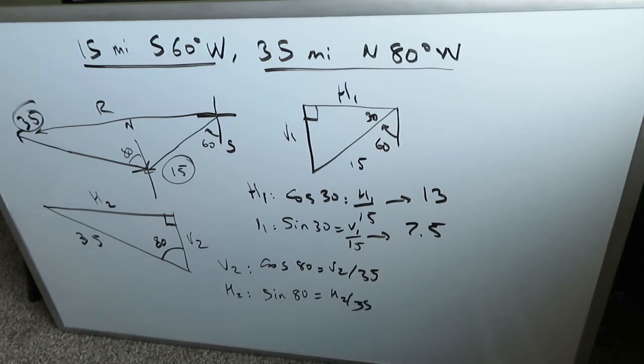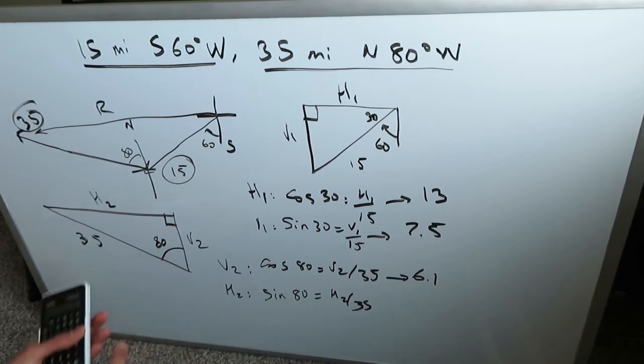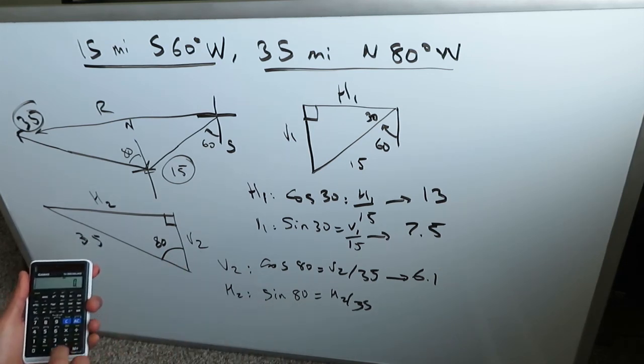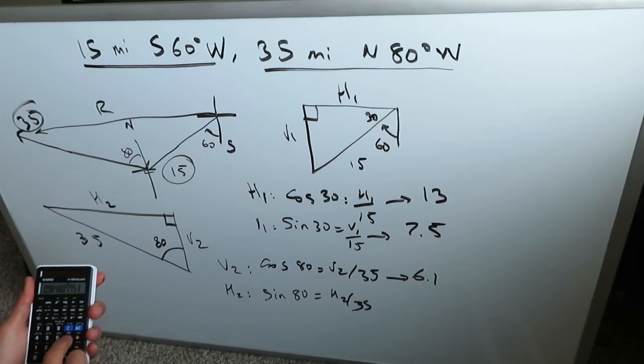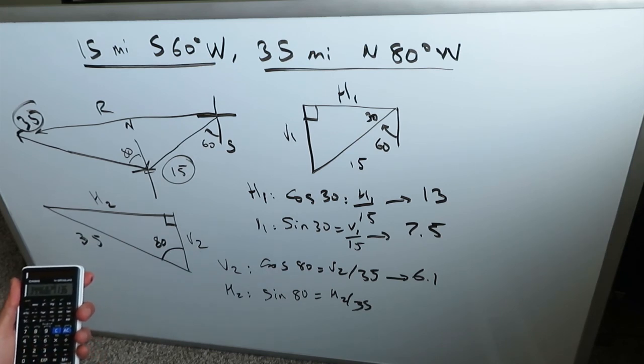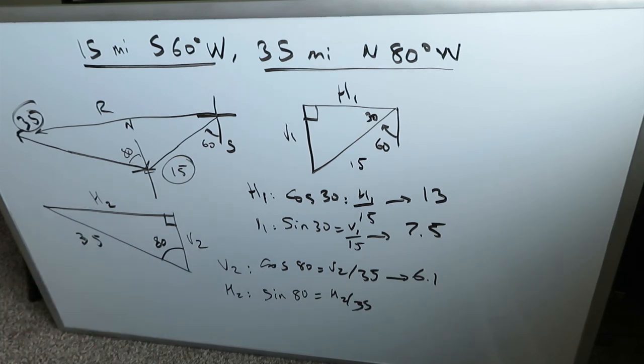Calculate these out. What do we get? V2 will be 35 times cosine 80. I get 6.077. Let's make this 6.1. That's your vertical component for the second set of vectors. Let's do H2. 35 times sine 80. I get 34.46. I'll make that 34.5.